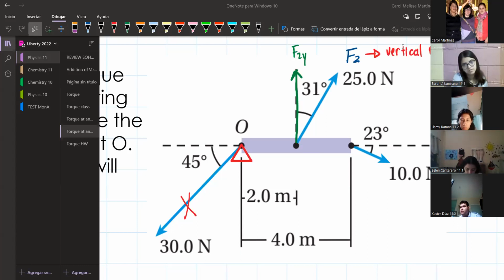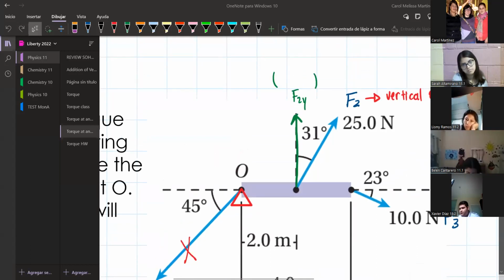So I need to get F2y. F2y is the vertical component. For vertical angles, how do I get a vertical component? What trigonometric function do I have to use?